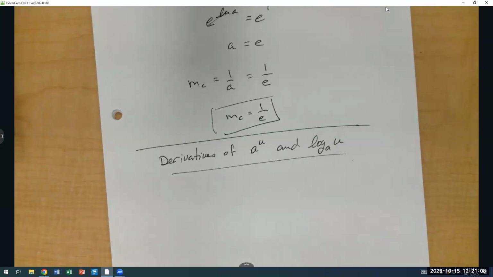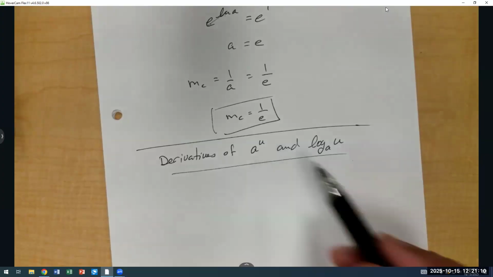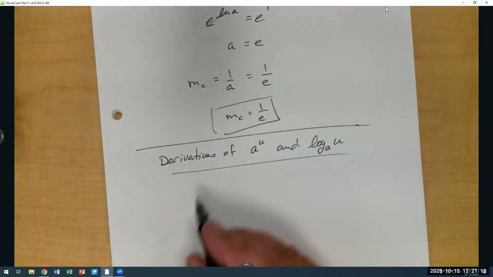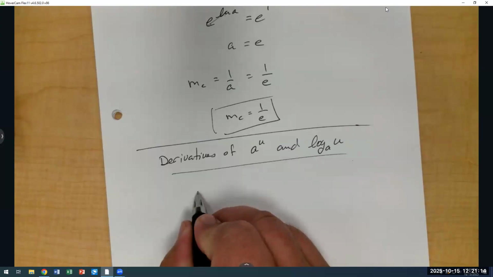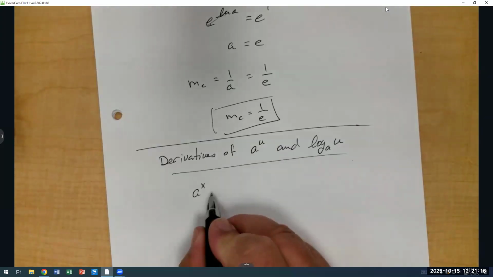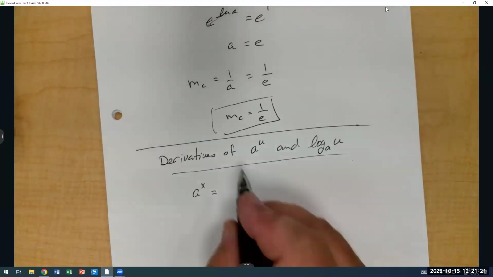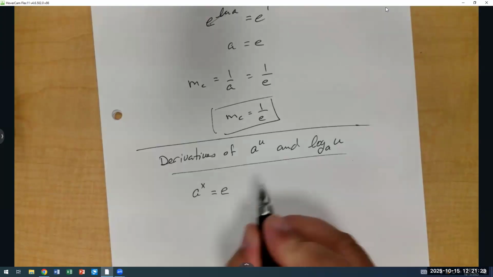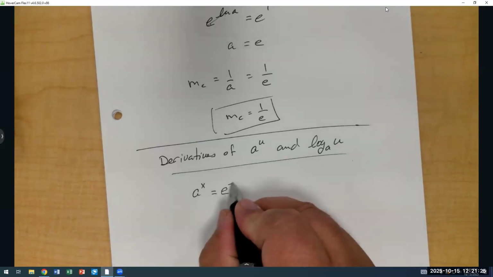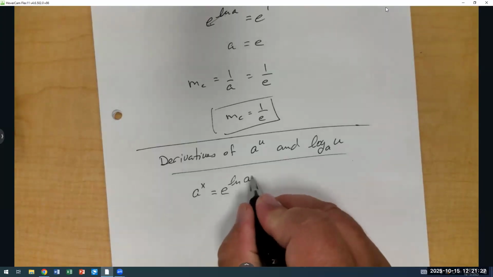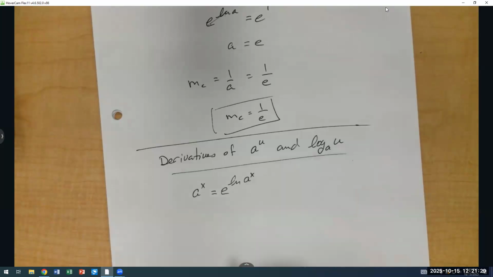To begin with, how do we relate this back to what we've been dealing with, e and ln? a to the power x is the same thing as e to the power ln of a to the power x.